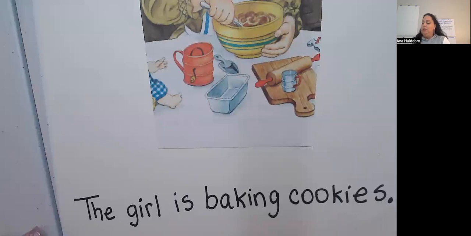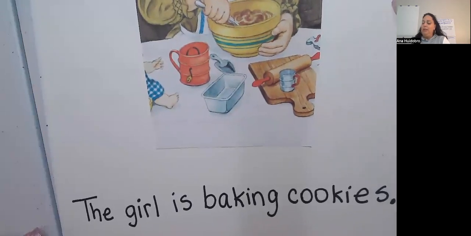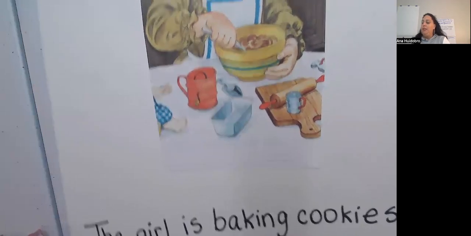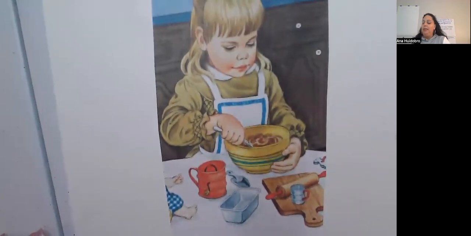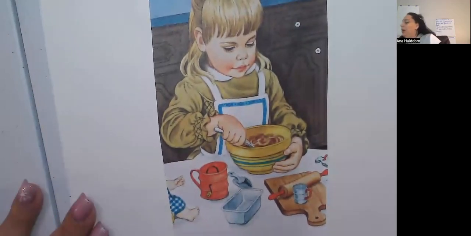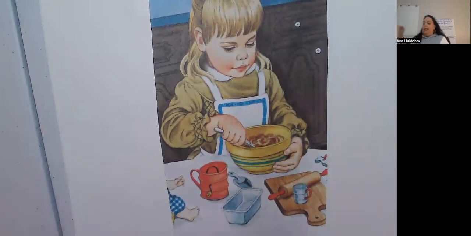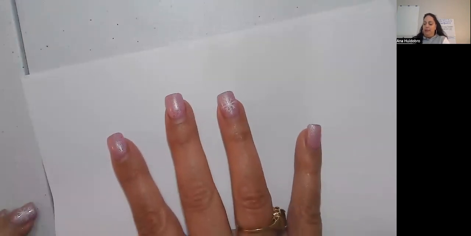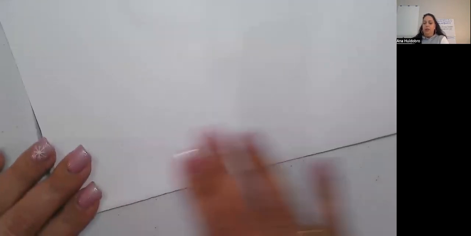Excellent. So before we get started, I thought it might be a good idea for us to make a little list. What I want you to do is get a piece of paper, the paper that you're going to use to upload, and fold it in half.